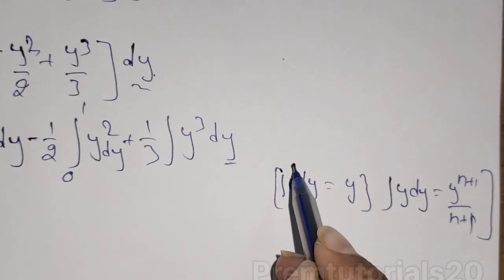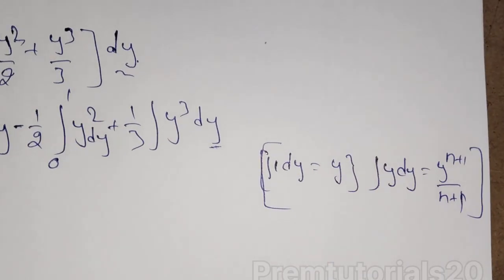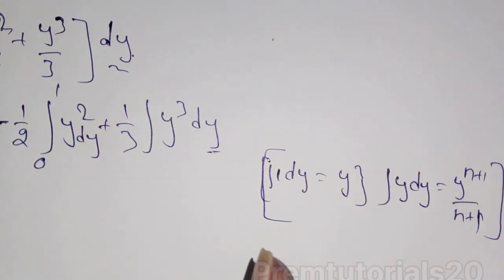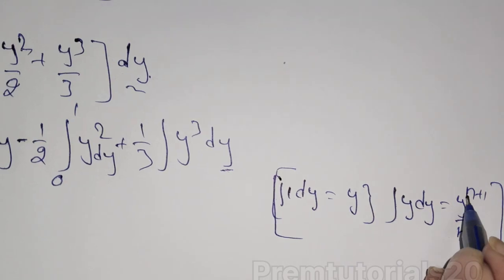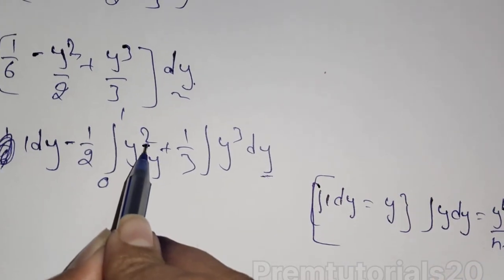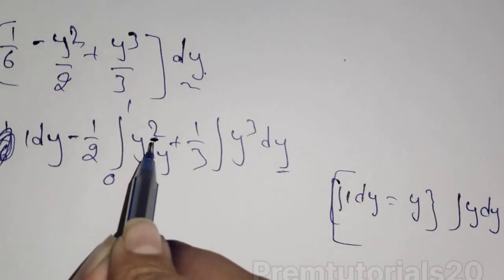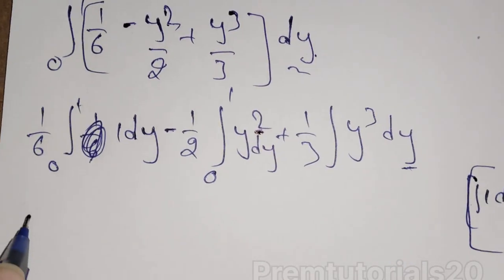So these are the two important formulas in triple integrals. Now, in the place of n, what we have here is 2. Now we can replace n with 2. After that, it's time to solve this equation.